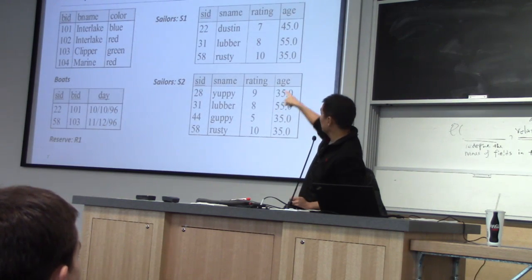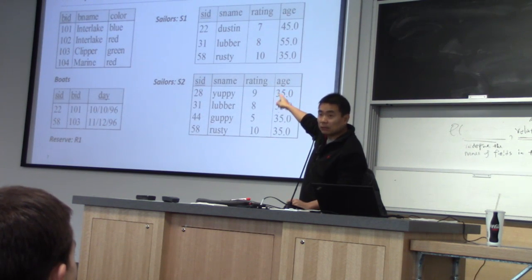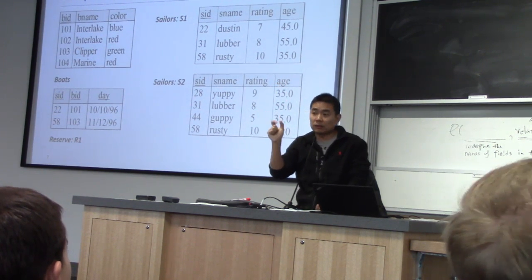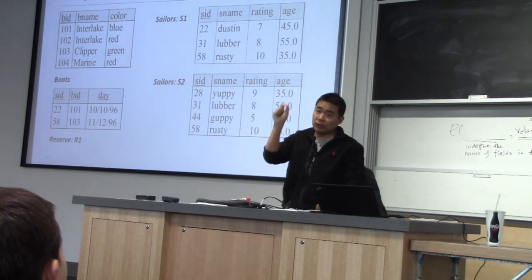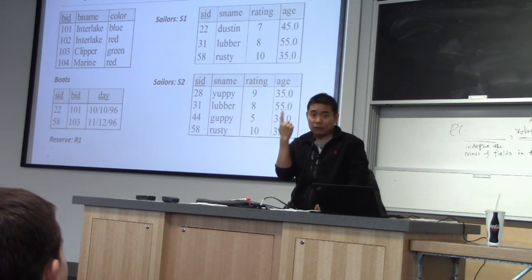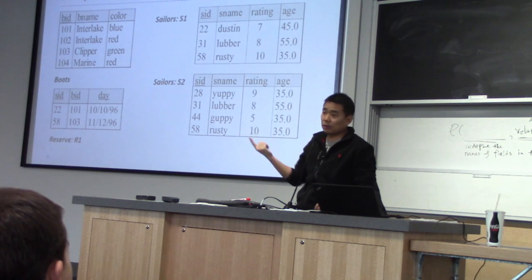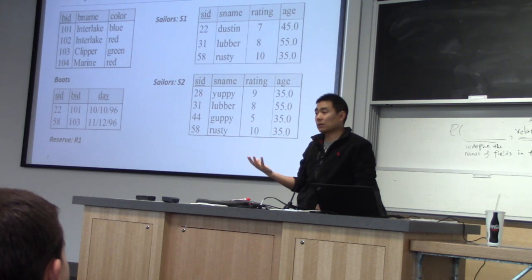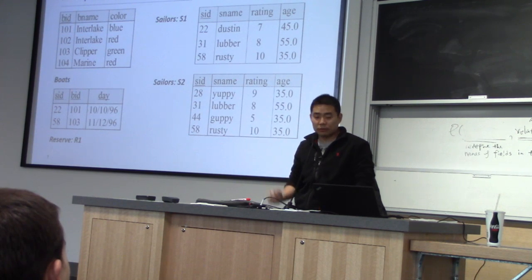What do I mean by that? Sailor ID, that's clear, right? Sailors.sailor ID refers to the sailor ID column from the sailors schema. You can also do sailors.1, that refers to the first attribute from the sailors schema, which is still sailor ID. That's what we call positional notation. Is that clear? Fairly straightforward, right?